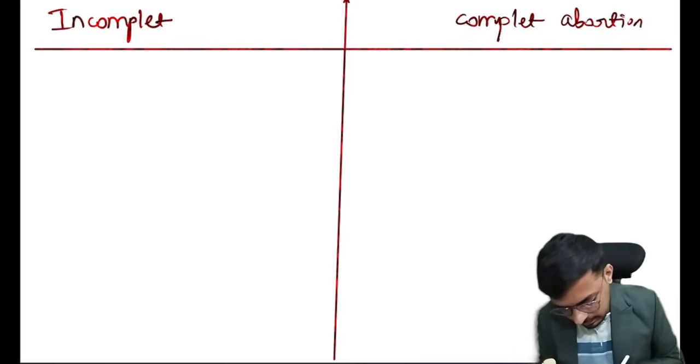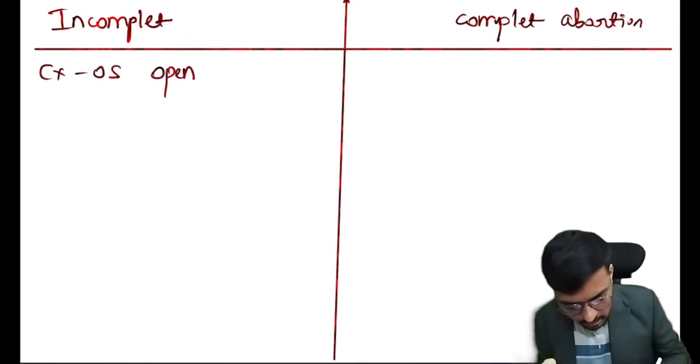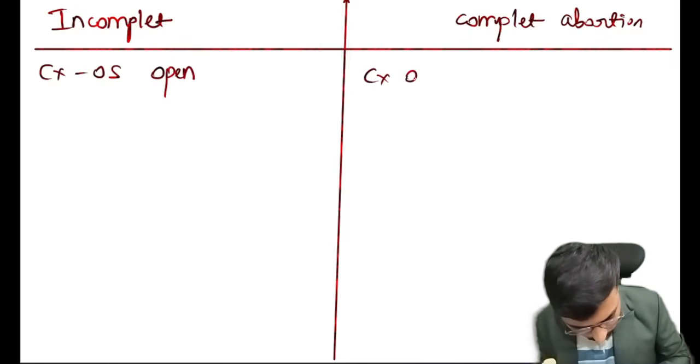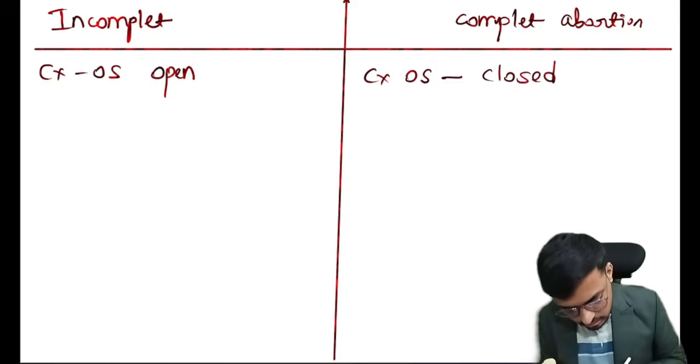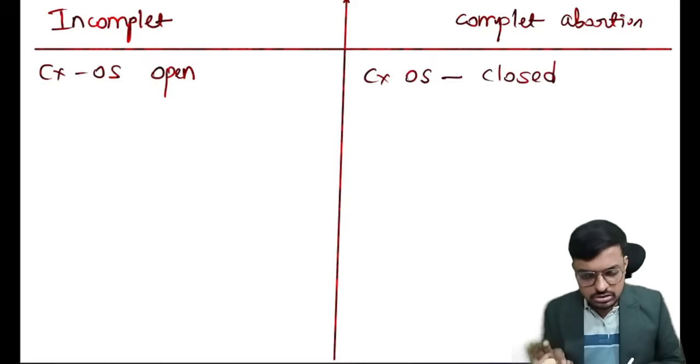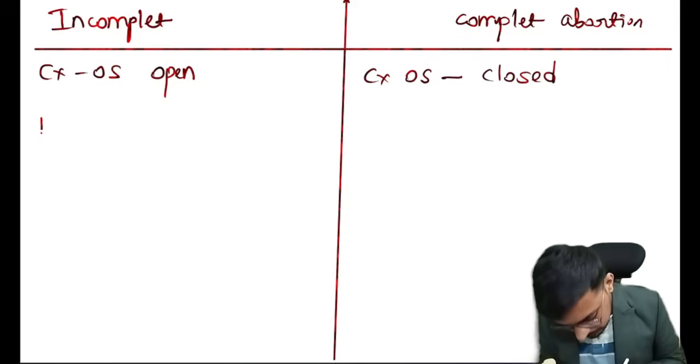Right, so remember in the incomplete abortion the cervical os is opened. In the complete abortion the cervical os is initially open, but by the time we examine, it is closed. Okay, so remember in the incomplete abortion the cervical os is open, in the complete abortion the cervical os is closed.